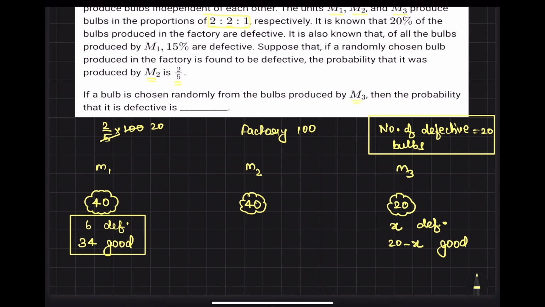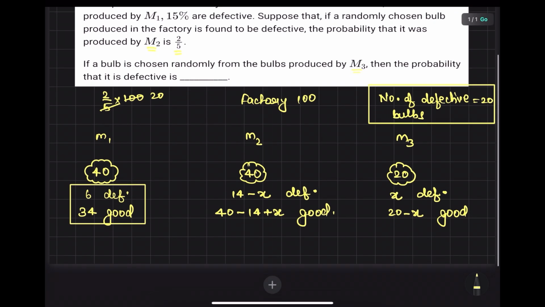So the remaining belong to M2, that is 14 minus X defective. Now the good ones will become 40 minus (14 minus X).